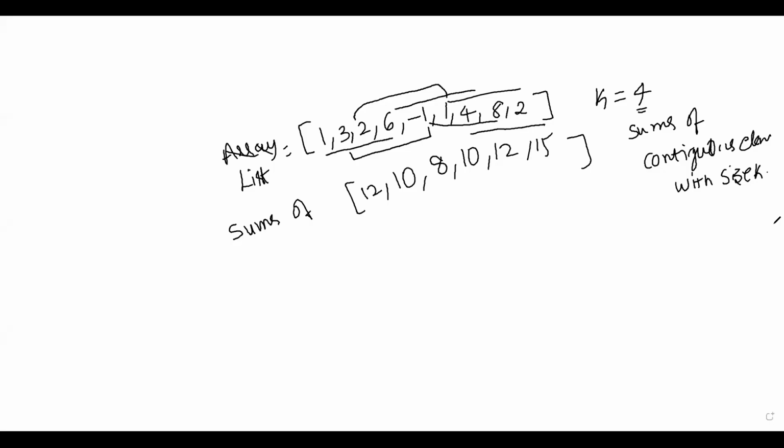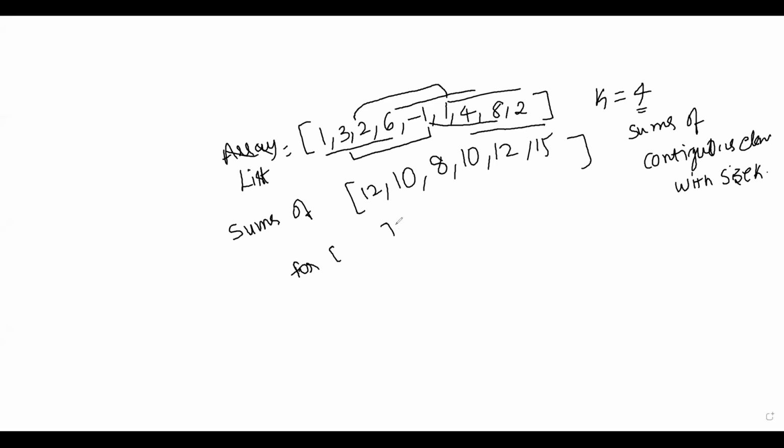Okay. So what we have to do? We have to write a for loop where we have to see four elements, right?